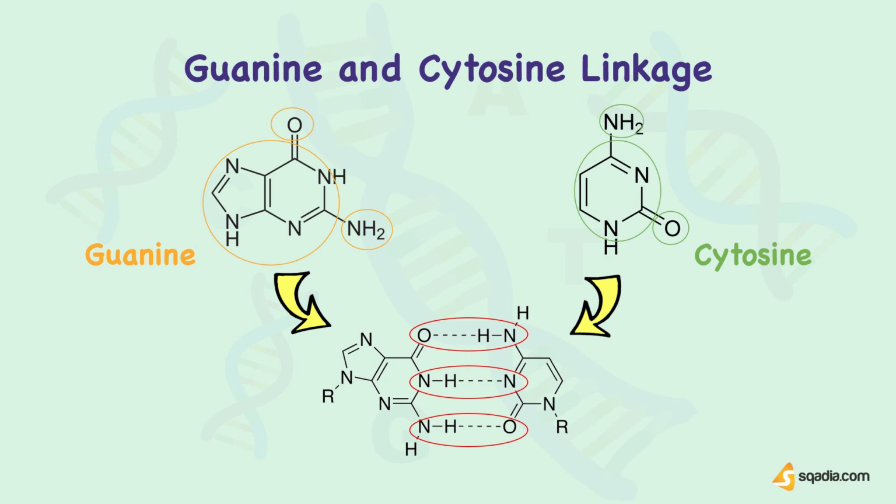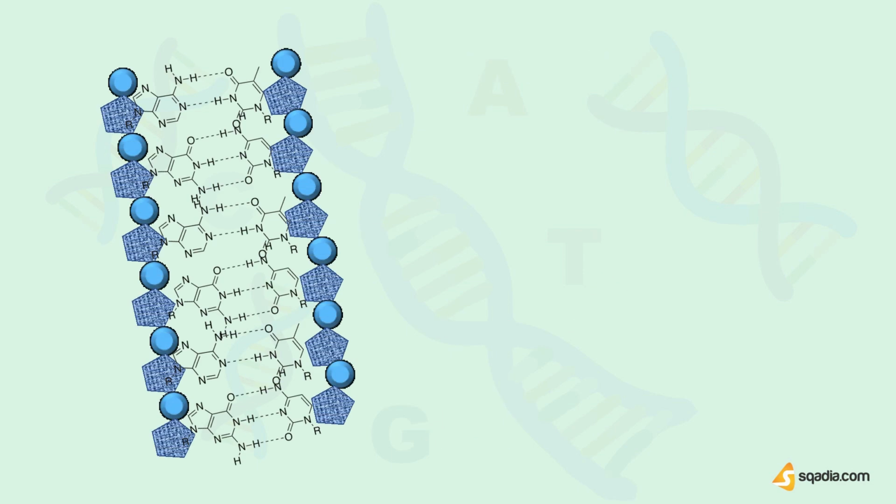Note that the backbone of each DNA strand is composed of alternating phosphoric acid and deoxyribose molecules. In turn, purine and pyrimidine bases are attached to the sides of the deoxyribose molecules.